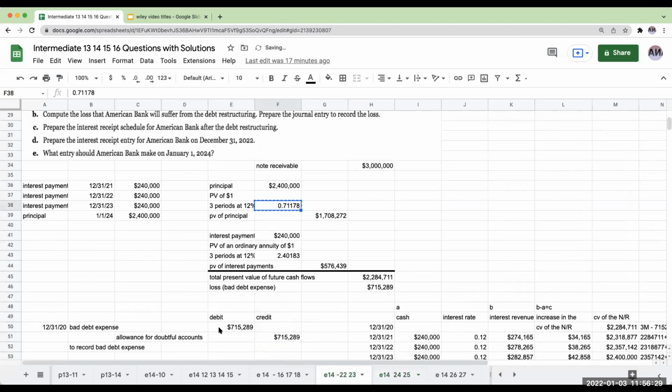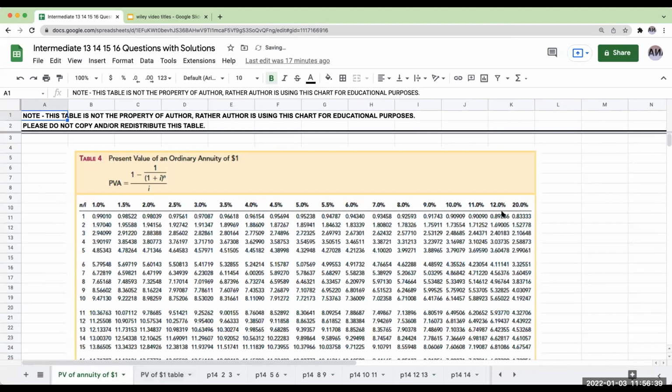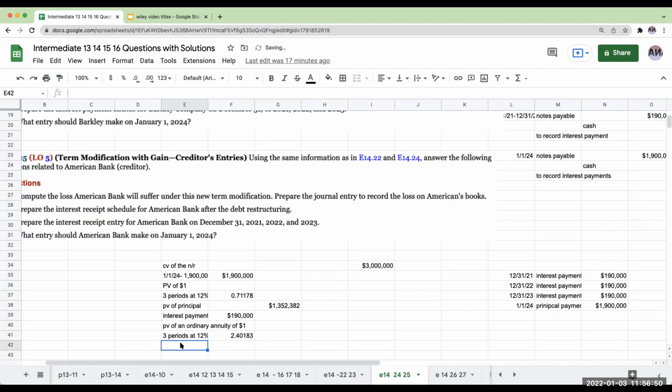This is going to be 2.40183. And if you don't believe me, actually I screwed this one up on the last question, but right over here, 12%, 3 periods, 2.40183. I use this table because the payments are the same every period. Okay, so the present value of the interest payments.